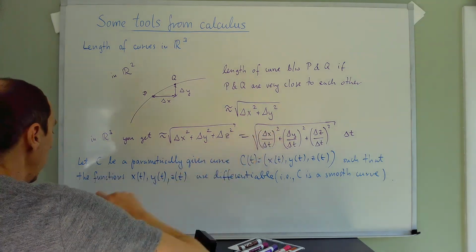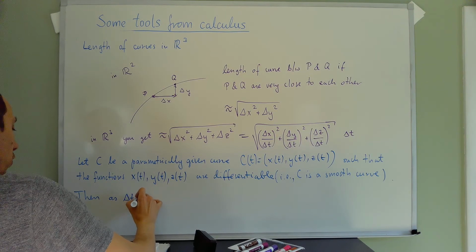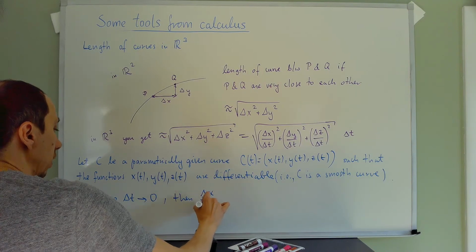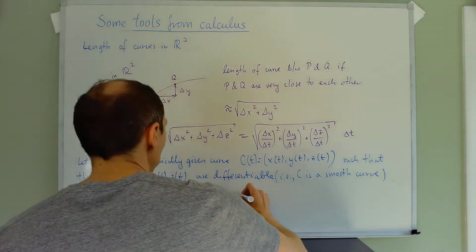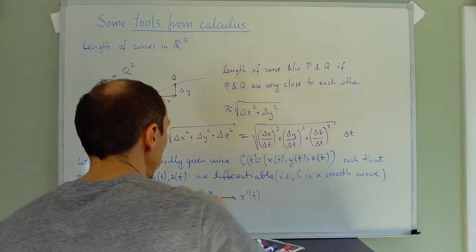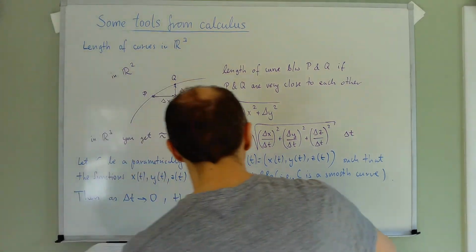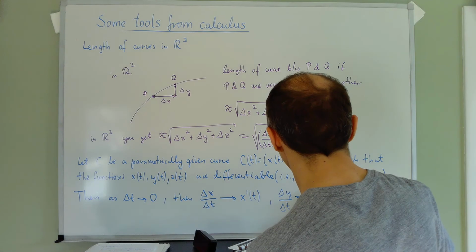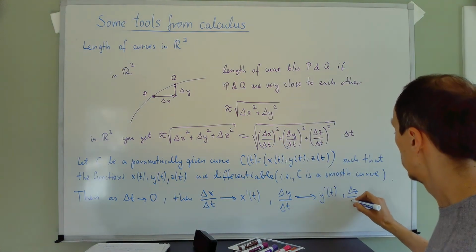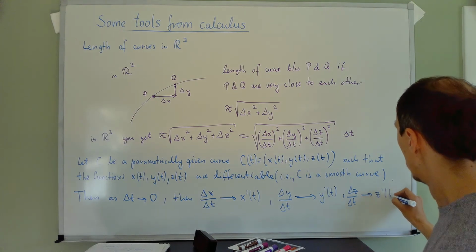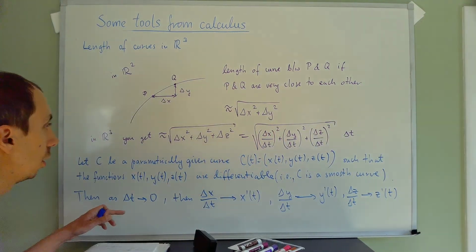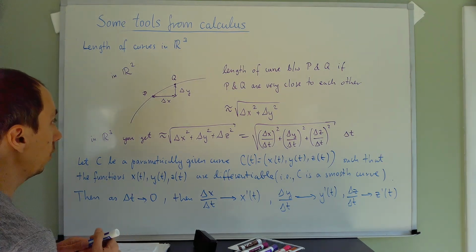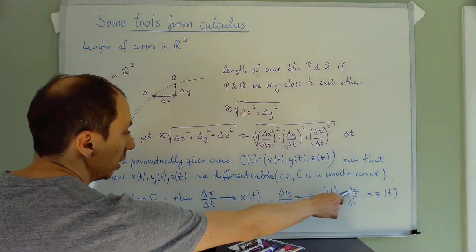If I assume that, then from this you see that as delta t goes to 0, delta x over delta t approaches the derivative of x at t, and finally delta z over delta t approaches the derivative of z. It should be noted that there is some point between these 2 points which corresponds to t0, and these should be evaluated at t0.